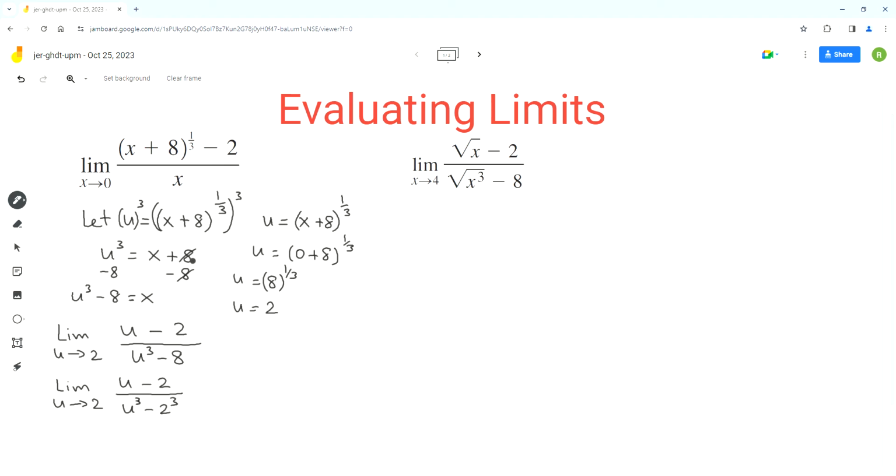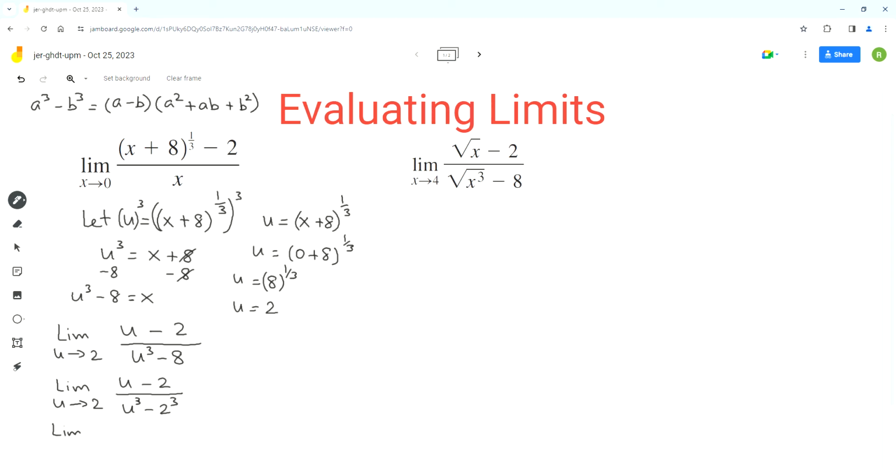Now we can use the difference of cubes formula. So I'll show you the formula. The formula is a cube minus b cube can be written as (a minus b) times (a square plus ab plus b squared). So this is the formula we'll use in the denominator.